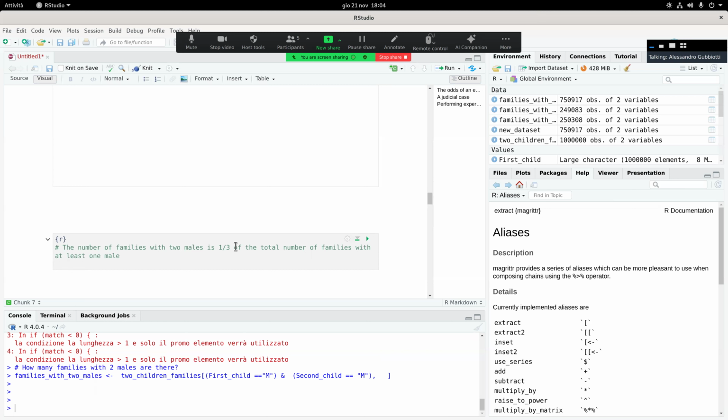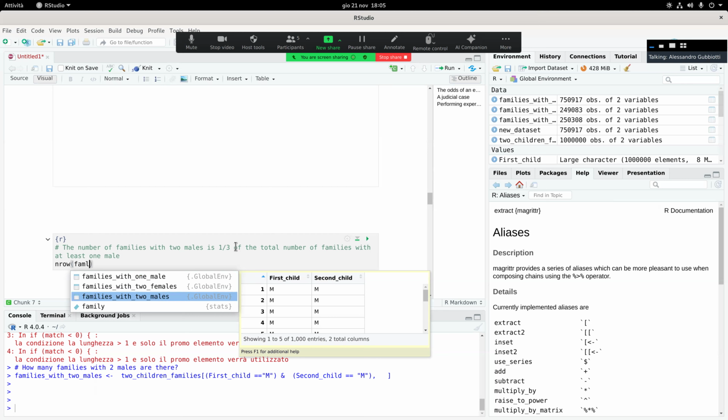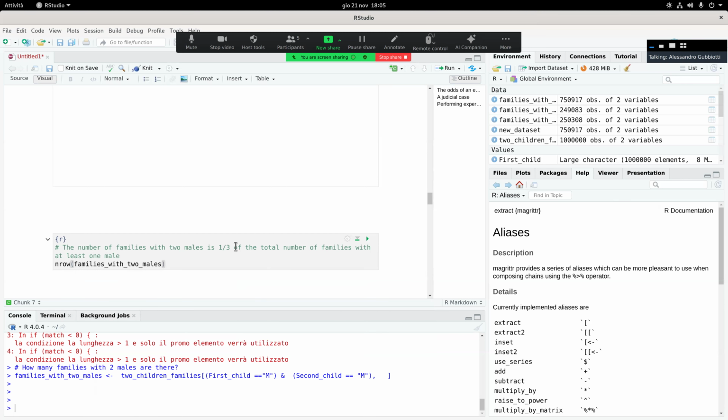So the number of families with two males is the number of rows of the data frame, and the number of families with at least one male is this one.